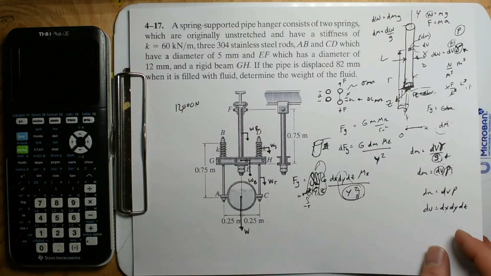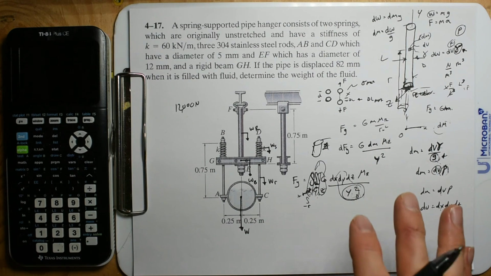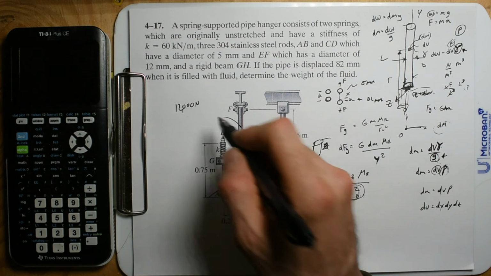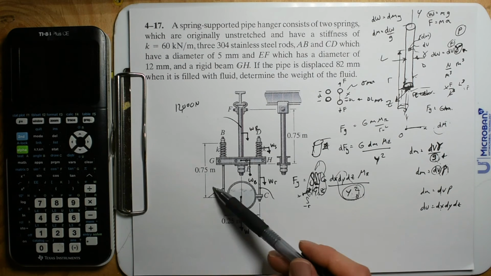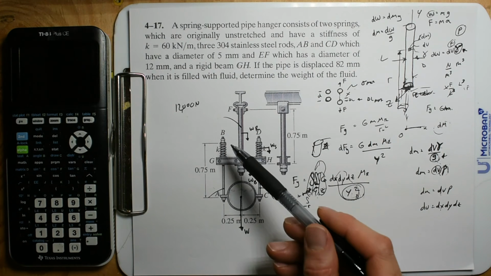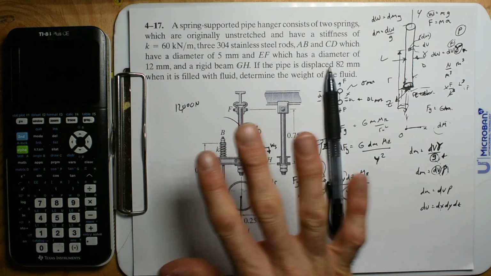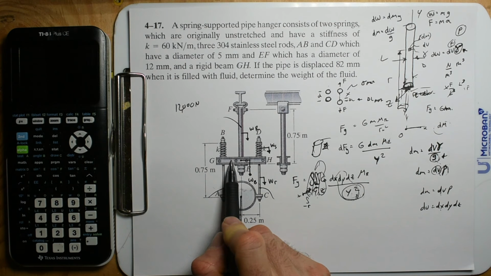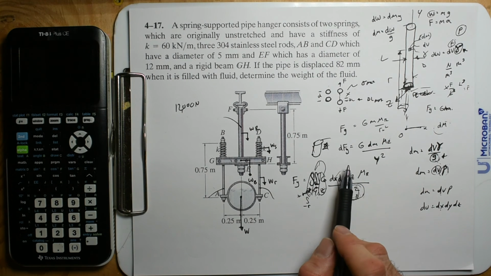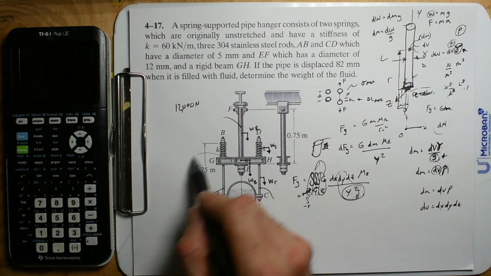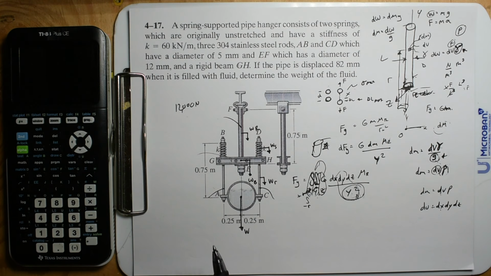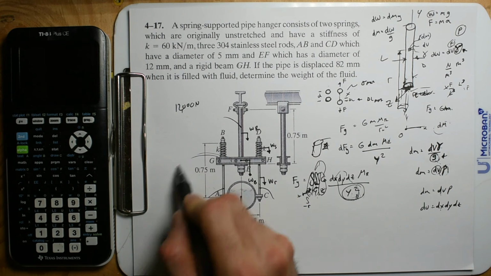Now I guess what I'm going to assume is that the only three things that are going to change in length are these two rods and this bigger rod. That's it. I'm going to say there's no deflection in this rigid beam. It's sufficiently rigid, and it's also sufficiently light, and so I'm going to say there's no mass.